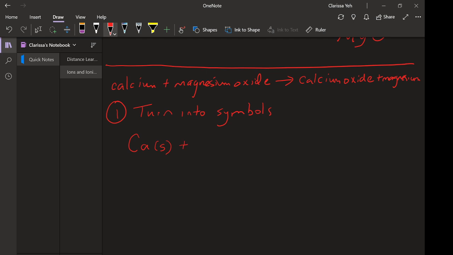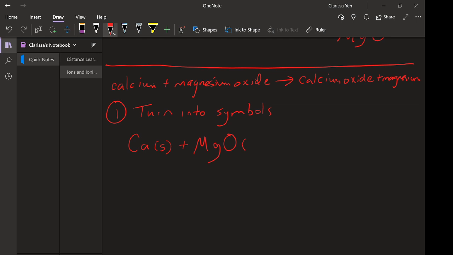The magnesium has a symbol of Mg, but it's paired with an oxide. Magnesium is in group 2, meaning it has a charge of 2+. Oxygen is in group 6, meaning it has a charge of 2-. So they're just going to balance each other out at a 1-to-1 ratio.